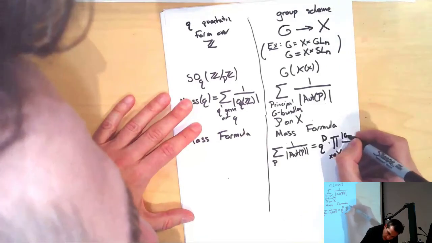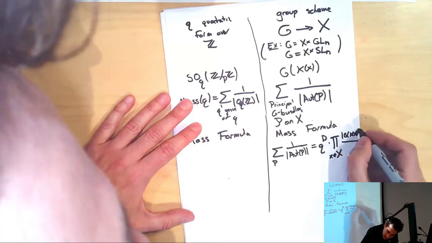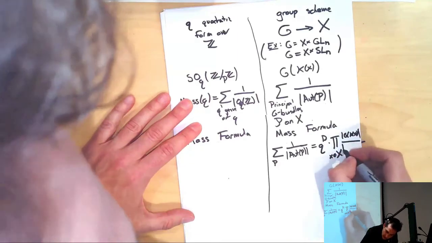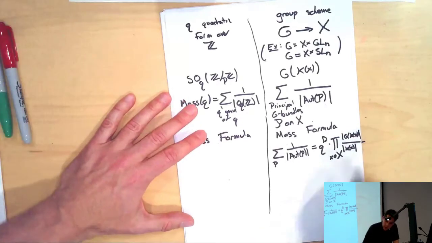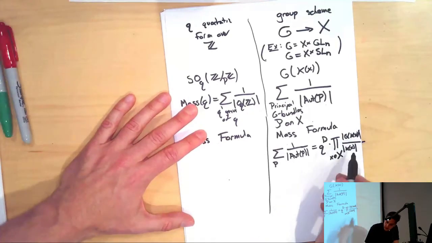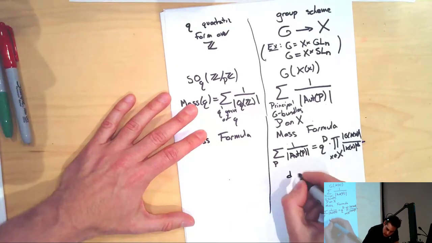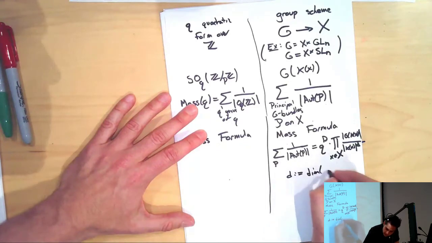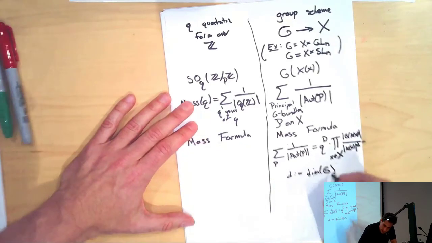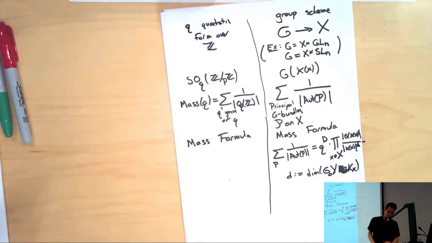Namely, you take the finite group G(κ_x) and look at its size and divide that by your naive estimate for that size, which is the size of the residue field κ_x raised to the power d, where here little d is the dimension of the group G, or let's say the dimension of the group G_0 as an algebraic group over the residue field κ_x.